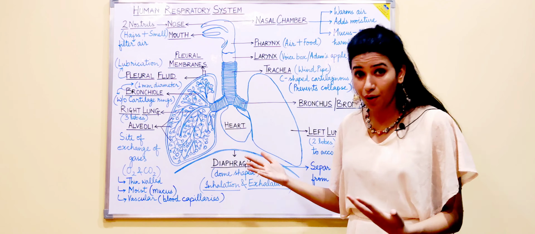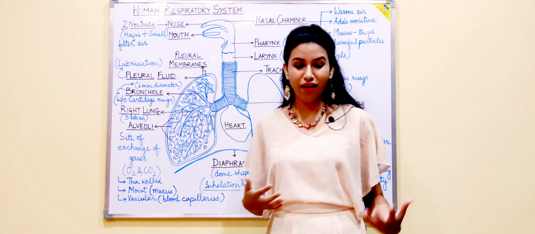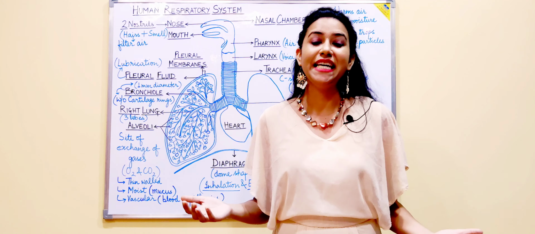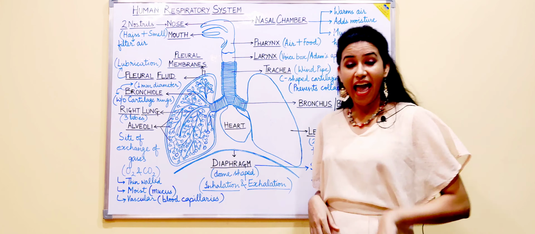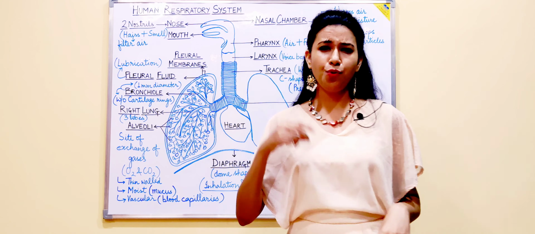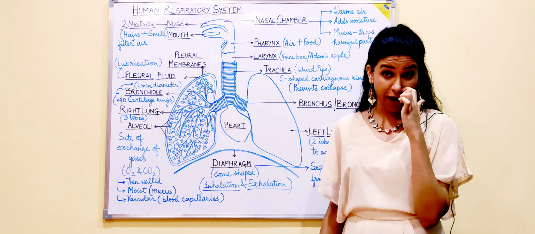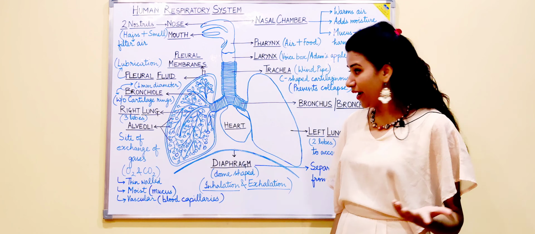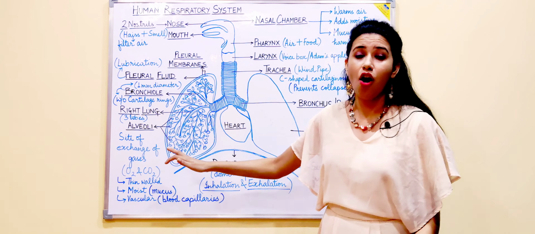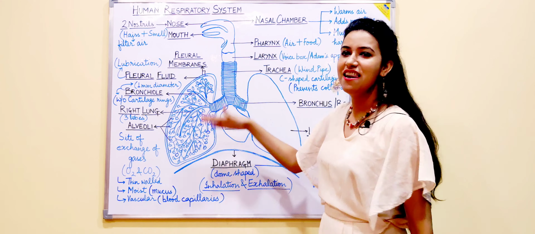If there are more bronchioles, there will be more alveoli. The more the number of alveoli, the more the surface area for exchange of gases. And the exchange of gases is going to be quick, very efficient, if there are more alveoli, approximately, I think, 3 million, right? So that is the reason for profuse branching of the bronchus inside the lung.